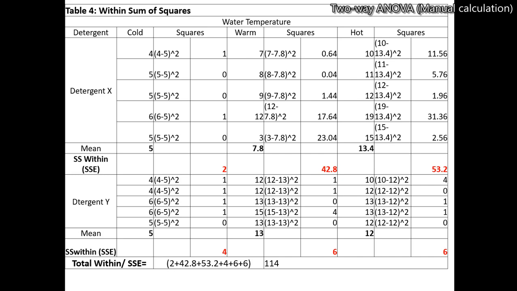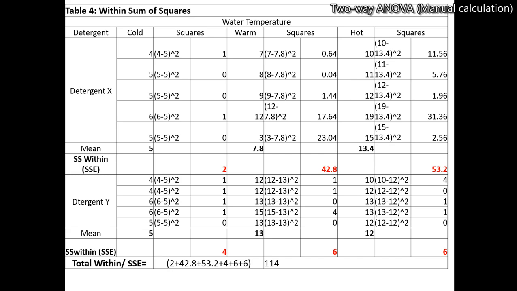Then we calculate the variance, that is the variation or sum of squares in each group. For cold water and detergent X, the sum of squares is 2. For warm water and detergent X, the SS within is 32.8, and for hot water and detergent X, the sum of squares within is 3.2.